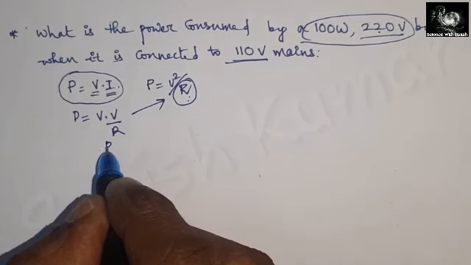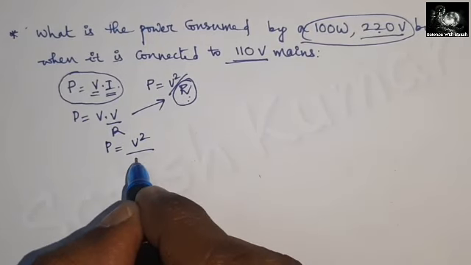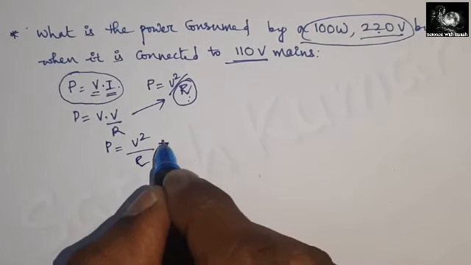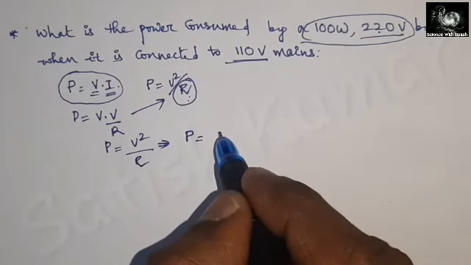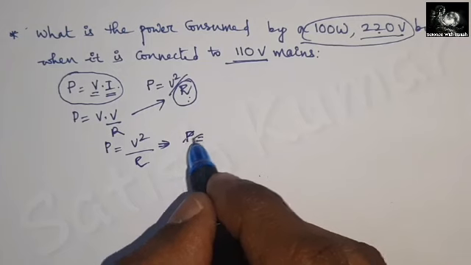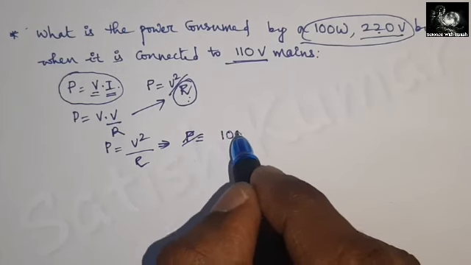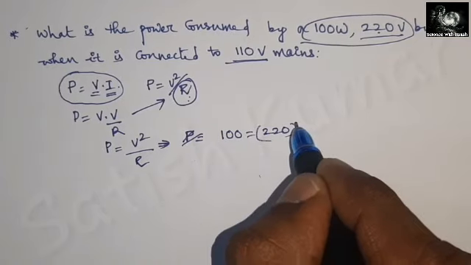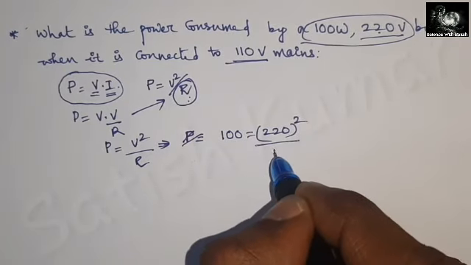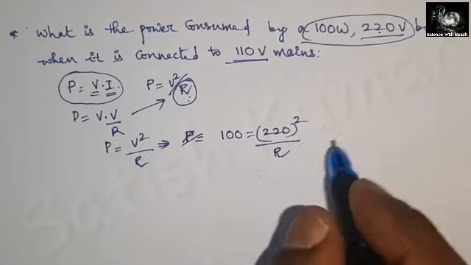So power P is equal to V square by R. From this I can write 100 is equal to 220 square by R. This is to be found out.